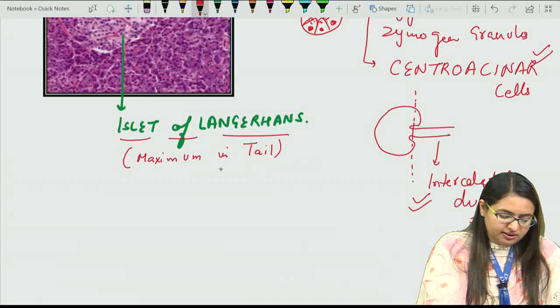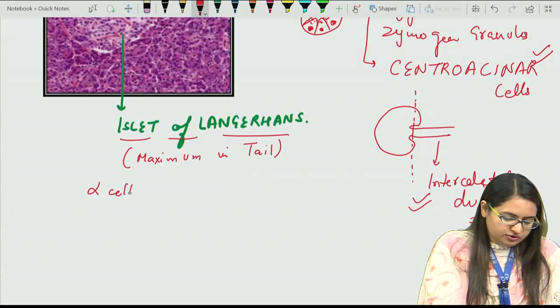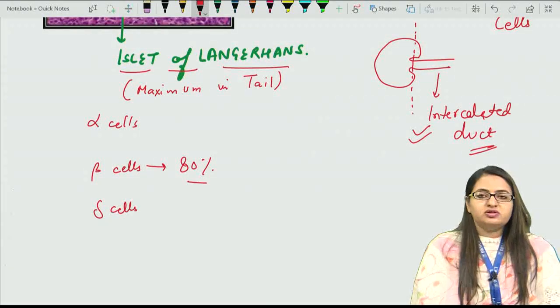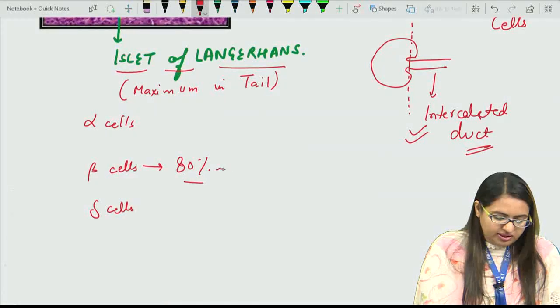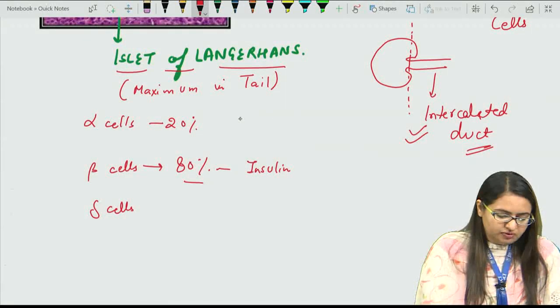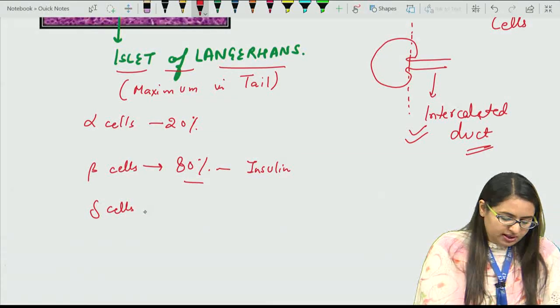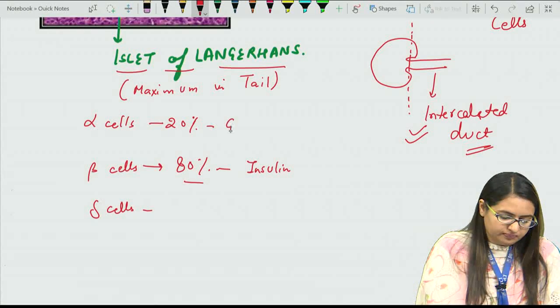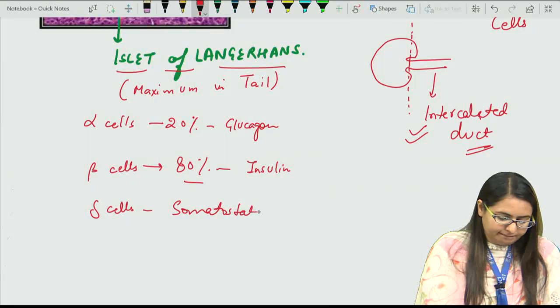Within the islets of Langerhans, we typically have three types of cells: the alpha cells, beta cells, and delta cells. The beta cells are the most prominent, about 80% of the cells. They are granular and secrete insulin. About 20% of the cells are the alpha cells, which secrete glucagon, and the rest are delta cells, which form somatostatin.